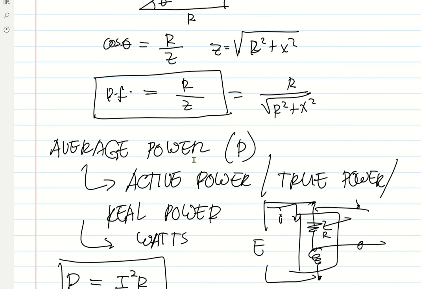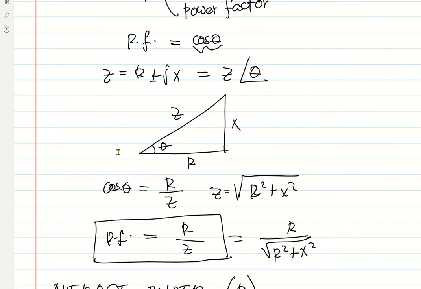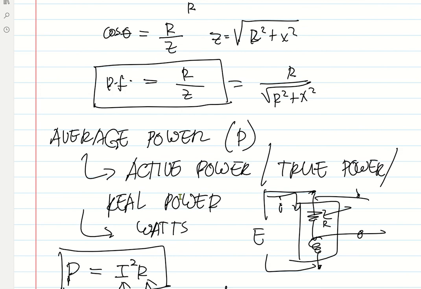And so this is our first type of power, the real power. And in the next discussion, we will be talking about the other types: the apparent and the reactive power.